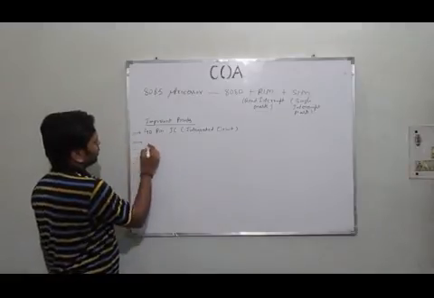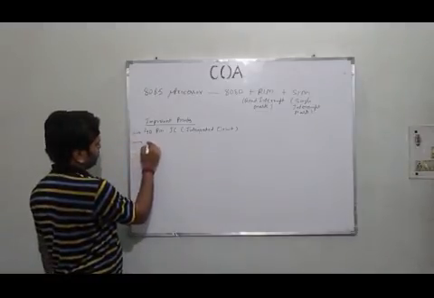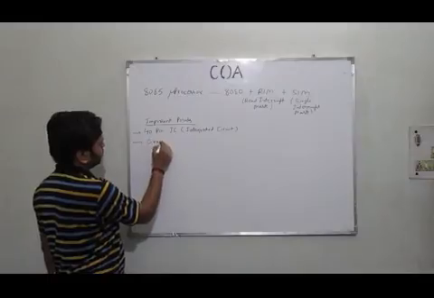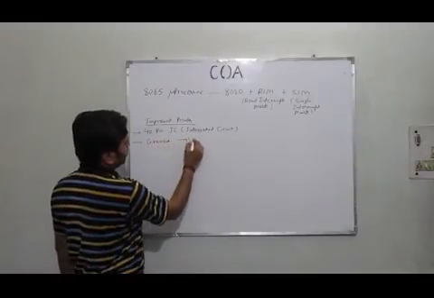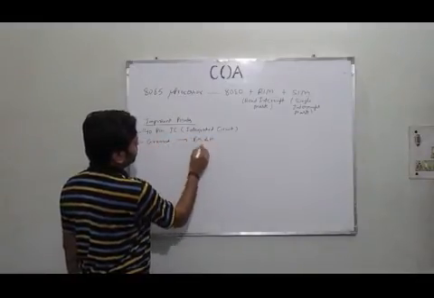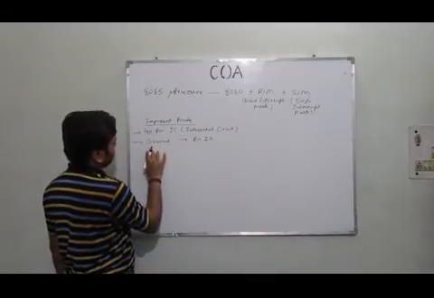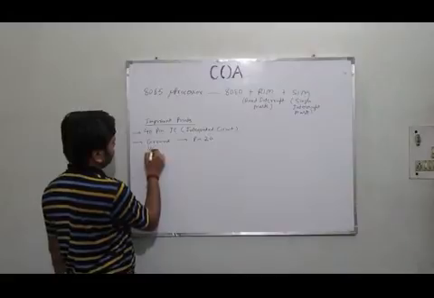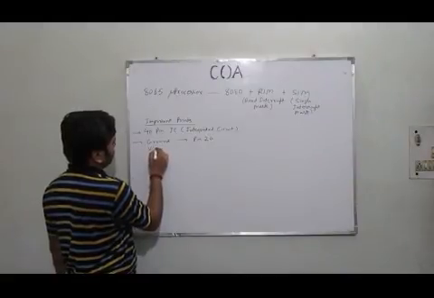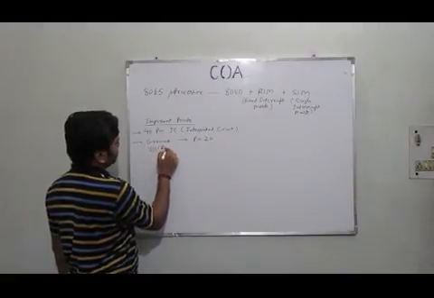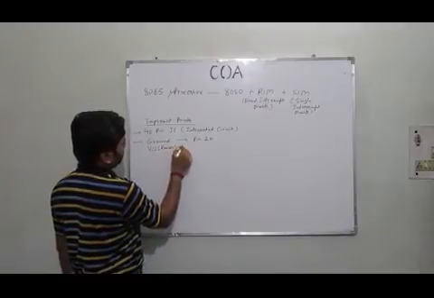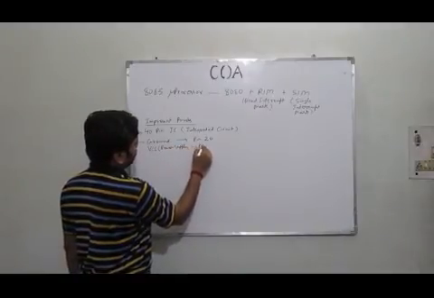Out of these 40 pins, we have ground at pin number 20, and we have VCC, basically the power supply, provided at pin number 40.